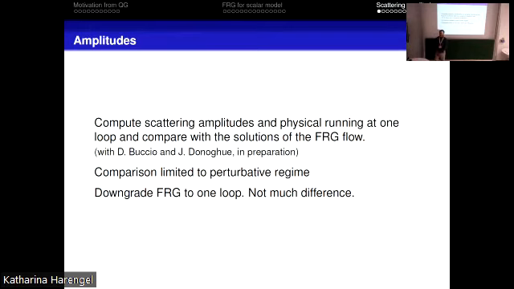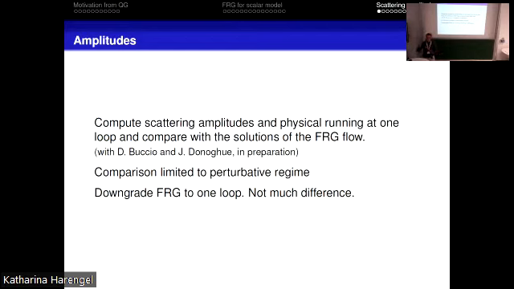And since I don't know how to calculate scattering amplitudes non-perturbatively, we just did the calculation at one loop. And then to compare the scattering amplitude to the beta functions coming from the FRG, in order to compare apples with apples, we had to downgrade the FRG down to one loop approximation, which is easy.